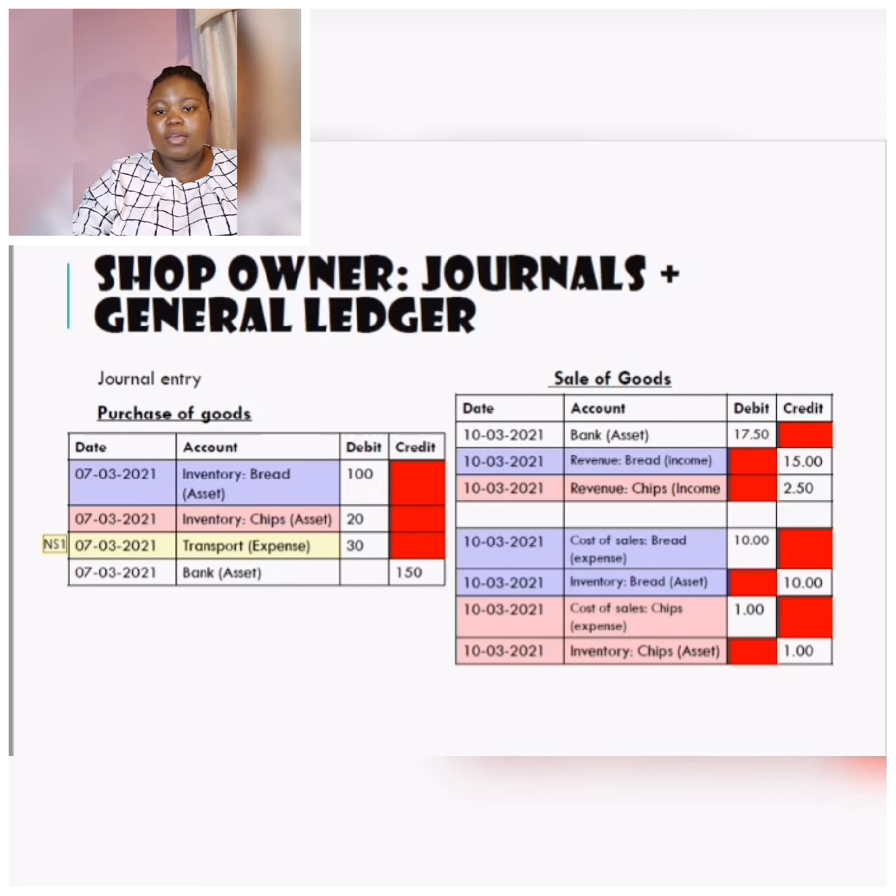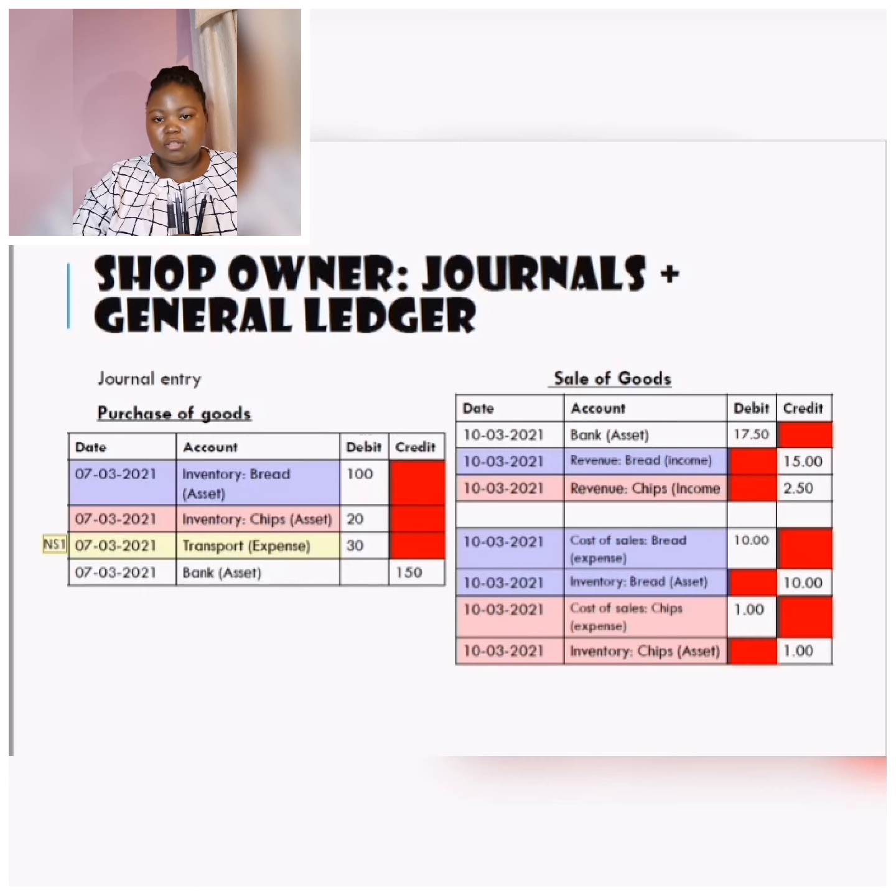Okay, before we get into the journals of this example that I've just shown, I think it's good for us to have an idea of what I mean. So for now, I'll use pens to explain why you have to eliminate your inventory and then move it to cost of sales.